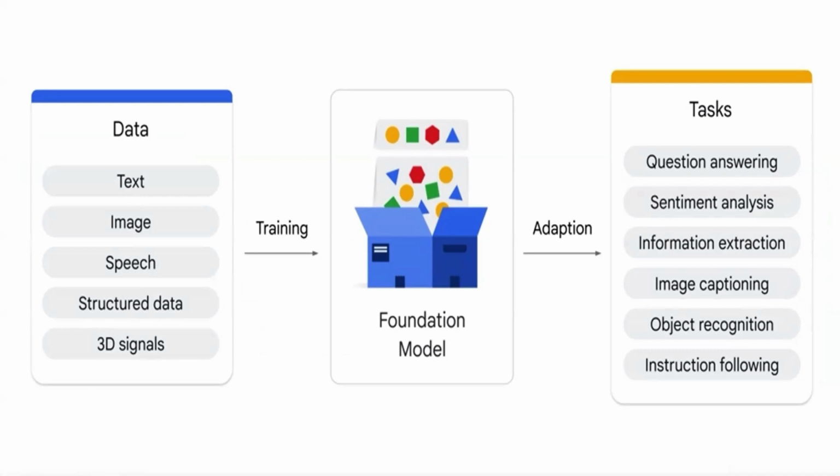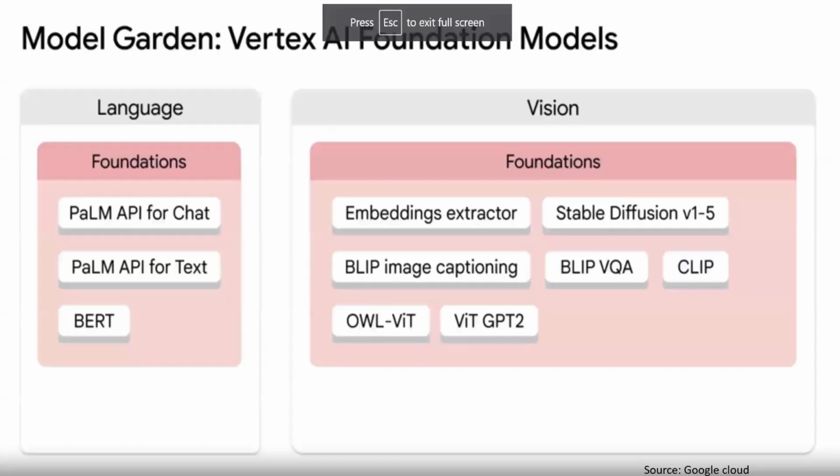So we have different types of data, text, image, speech, structured data, and 3D signals, trained into a foundation model, which can perform various tasks like question answering, sentiment analysis, information extraction, image captioning, object recognition, and instruction following.